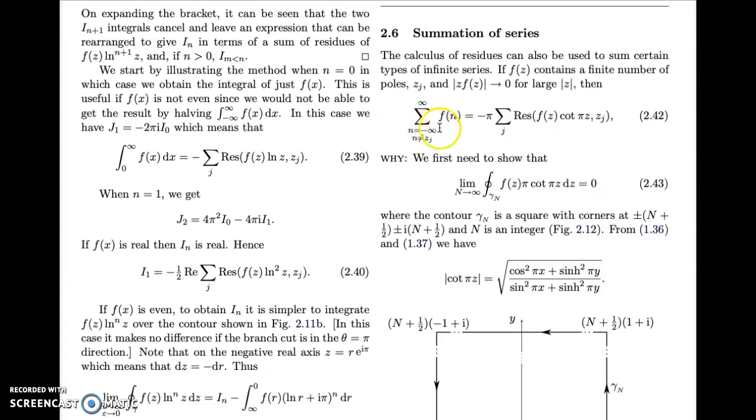Basically it says if you've got some function of n, and f of z contains a finite number of poles, this rule could actually be bent, but we'll not go into that at the moment.